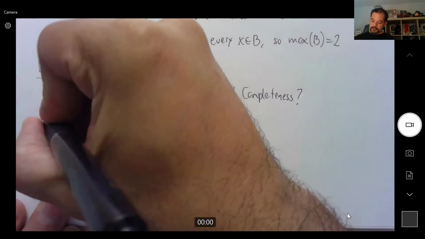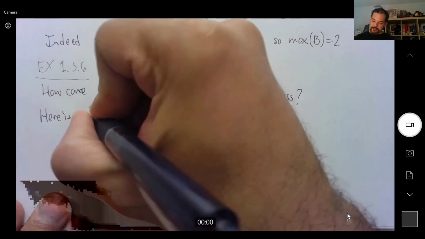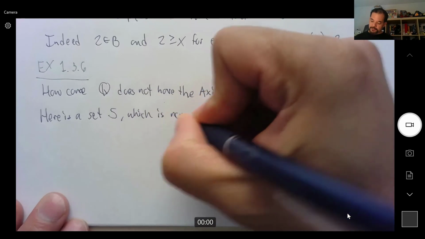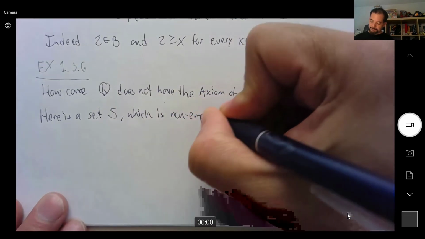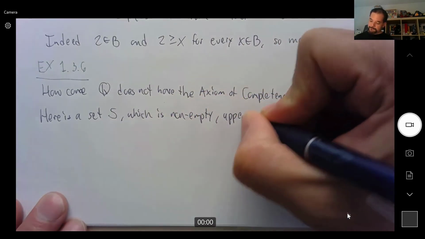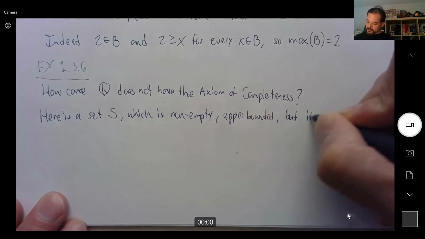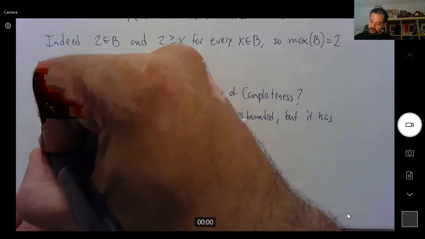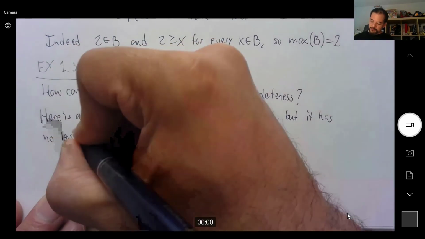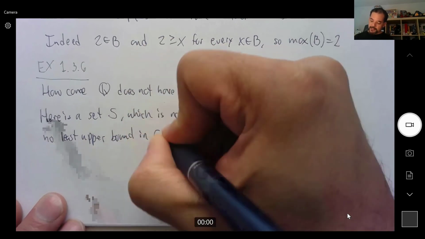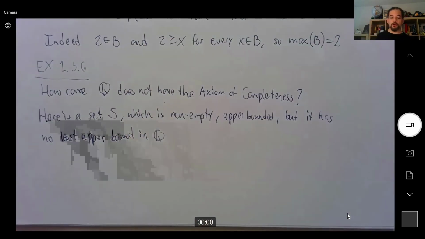So here is a set S, which is non-empty, upper bounded, but it has no least upper bound in Q, of course, in Q. What we're trying to say here is: imagine our universe is only the rational numbers.